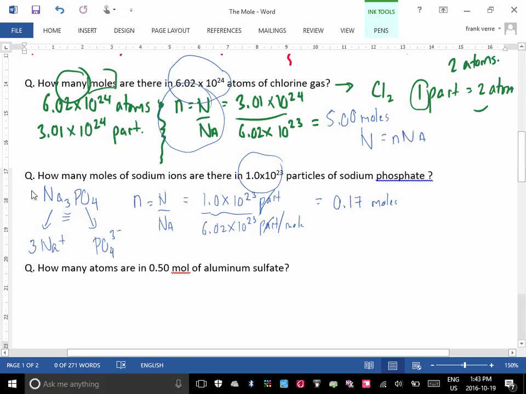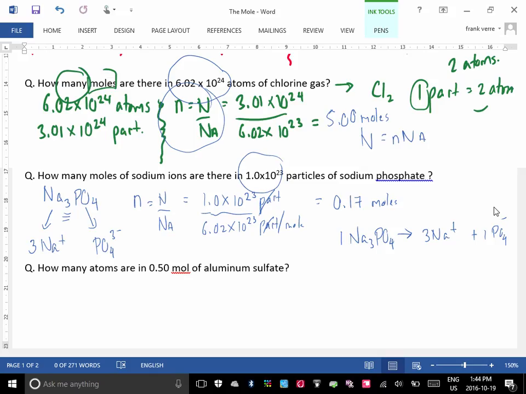So 1 particle of sodium phosphate will split into 3 sodium and 1 phosphate.